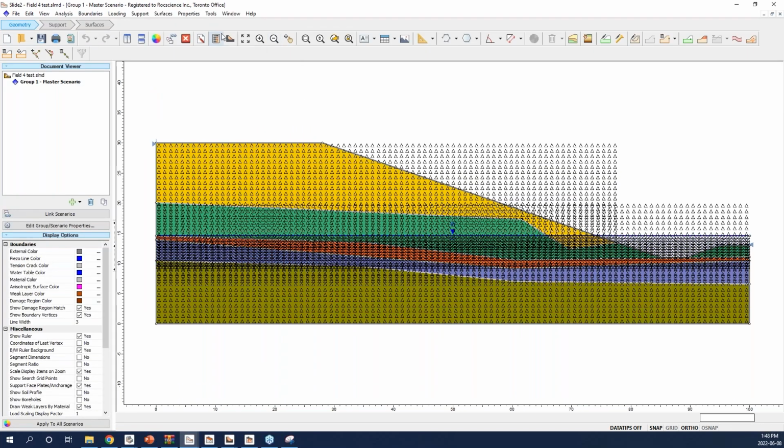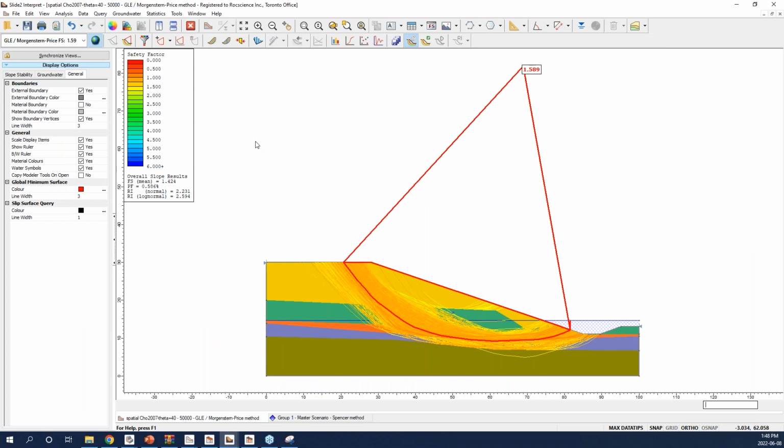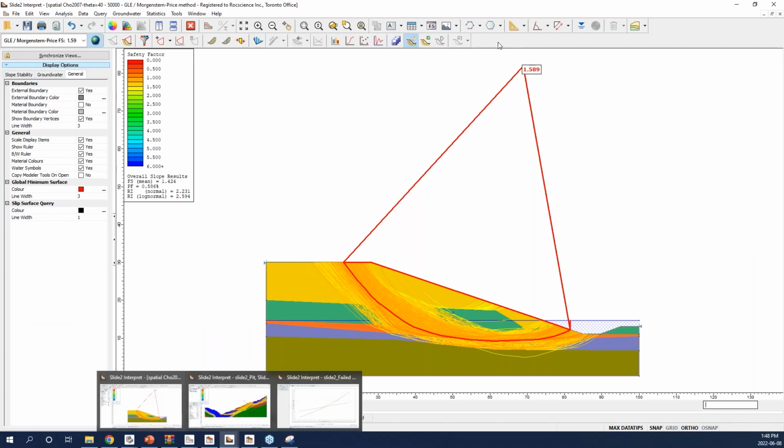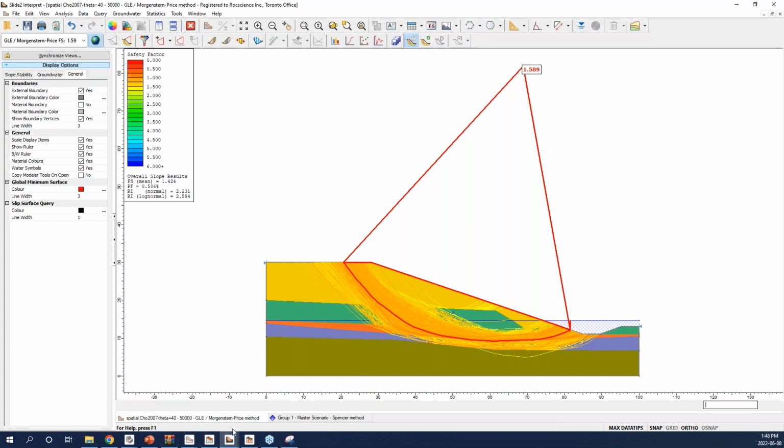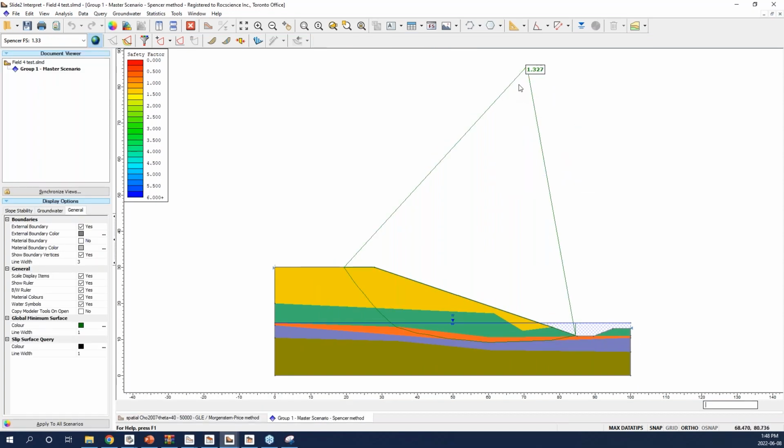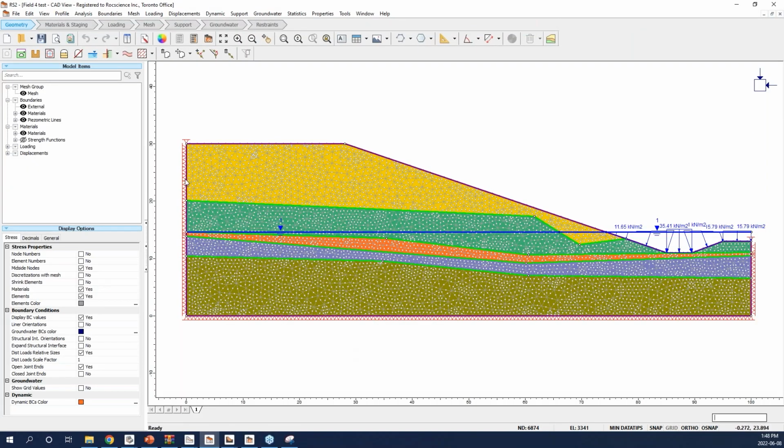So we did the analysis for this one, and we found the factor of safety, which is 1.33. So for that specific field, factor of safety of 1.33. We did the same thing in our RS2 software.